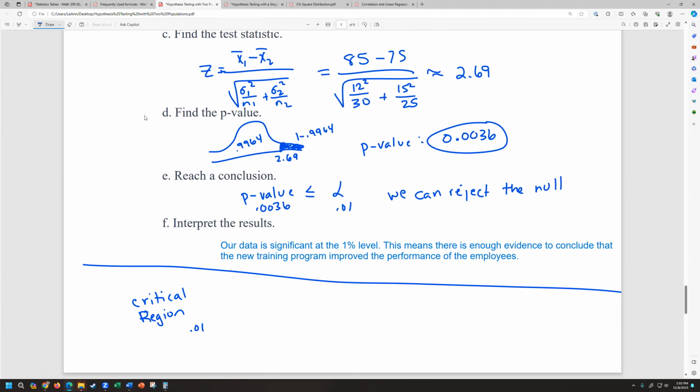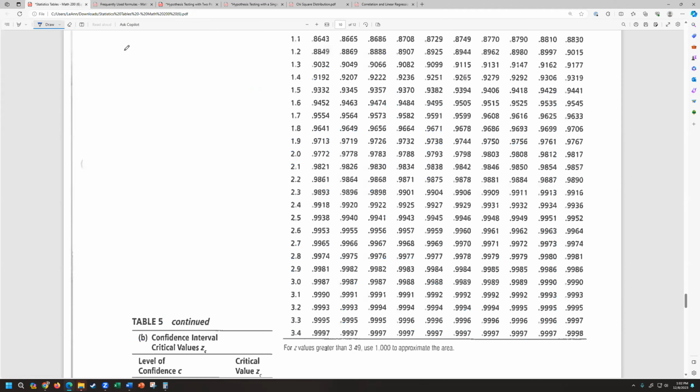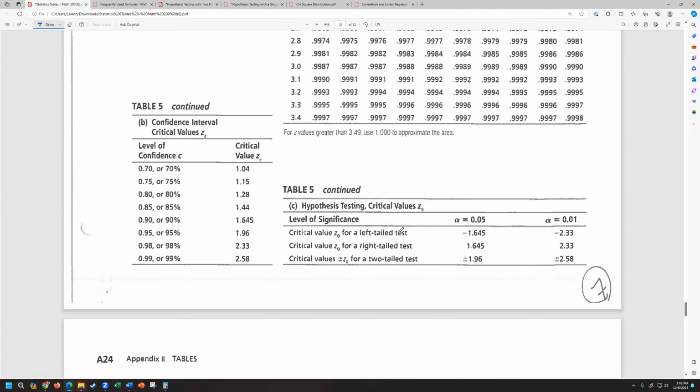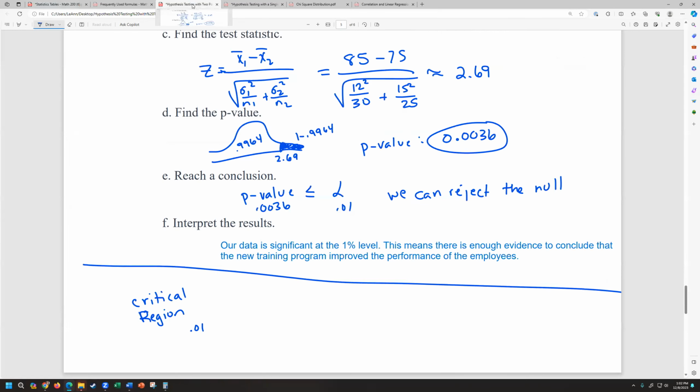Since we were doing the 0.01, if we go to that z table and we look over here at hypothesis testing critical z values, if you're doing a left-tailed or right-tailed test, notice it's 1 for each of them. We were doing right-tailed. The 1% level, that point where you've crossed over and now you're going to reject your null, happens at a z-score of 2.33. So if you think about that, the place where we're at 0.01 for this area is at 2.33.